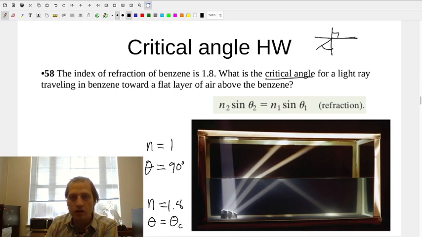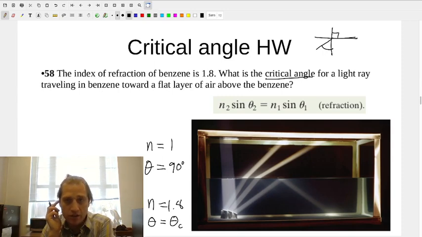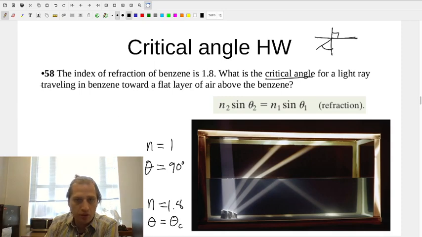And so none of the light effectively is getting out, and that's the smallest angle that you could have for that condition. If you have any larger angle, all of that light will be reflected back. And so here we've got the index of refraction for benzene is 1.8. What is the critical angle? So you are simply going to put in your n in air, angle in air is 90, n in benzene is 1.8, and we're going to find that critical angle.